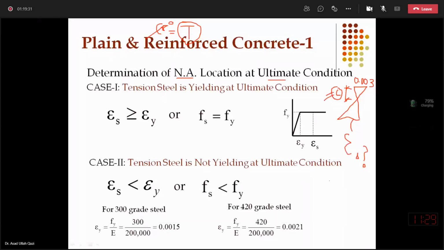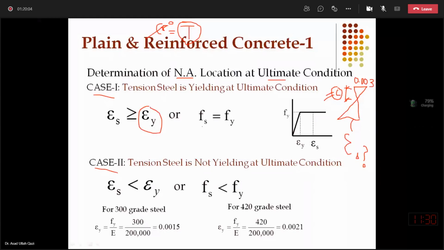There are two cases broadly. Case one is when concrete approached crushing and now C will drop to 0, but at that stage, steel has earlier yielded, excessively yielded, or it has just approached yielding.